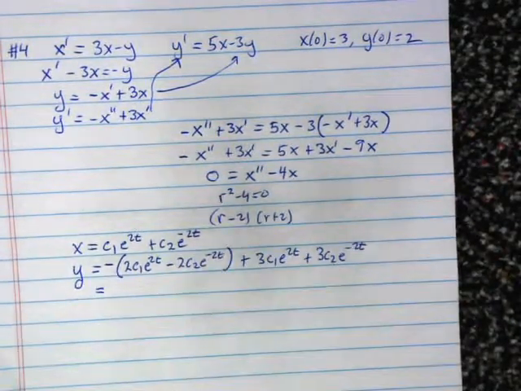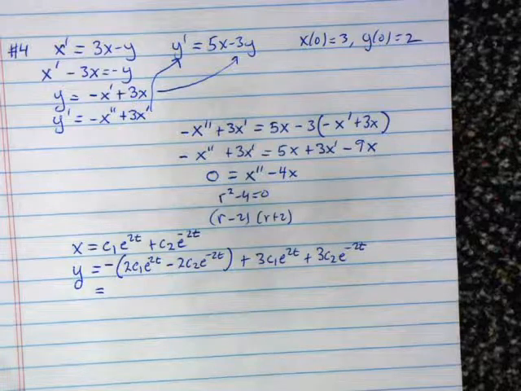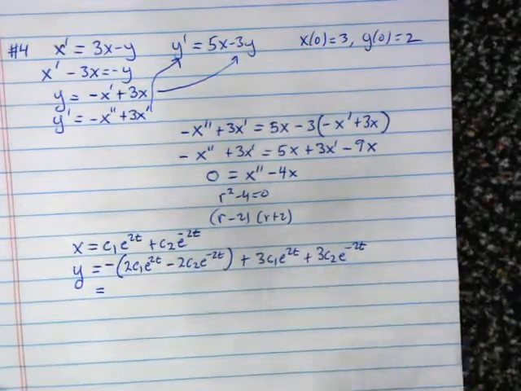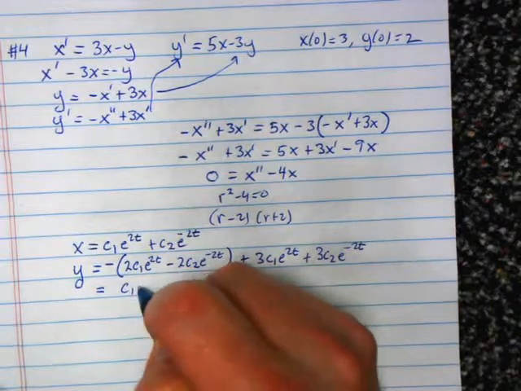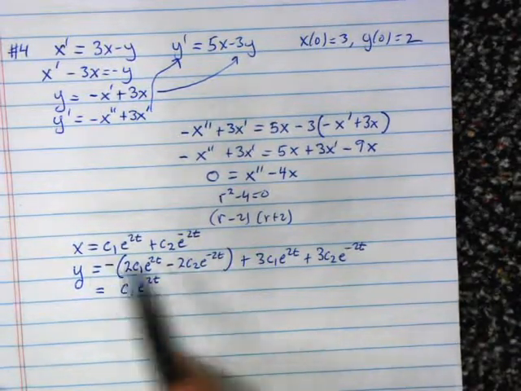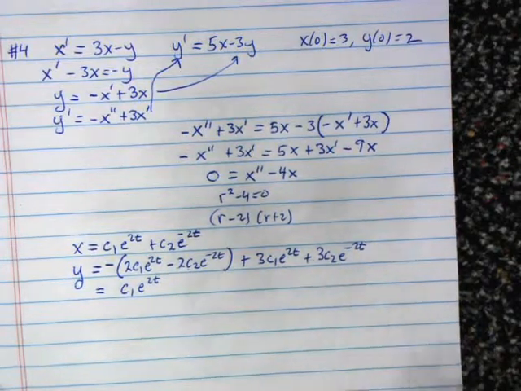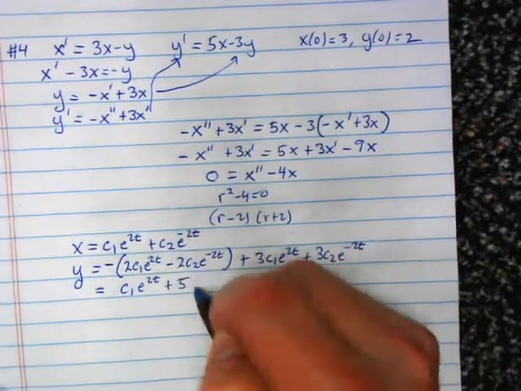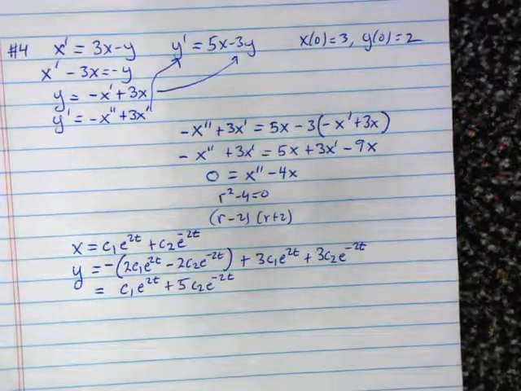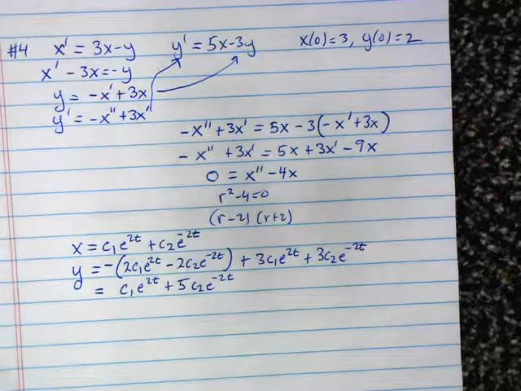Distribute the negative sign through, combine my like terms. I have negative 2c1 plus 3c1. So that's c1 e to the 2t. And then I have a minus 2c2 and a plus 3c2. That's a 5c2 e to the negative 2t. So it wasn't too bad. Take the derivative, multiply by 3, add them together.